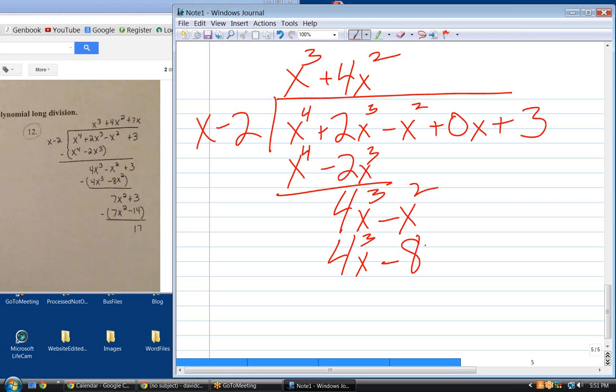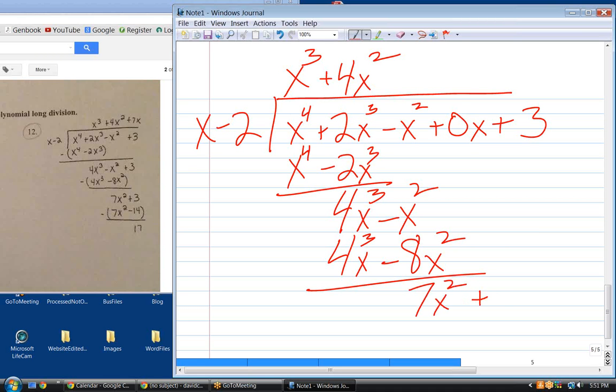Hold up. Multiplying this times that, that'd be negative 8x squared. Next. Then you subtract those, and you get 7x squared.